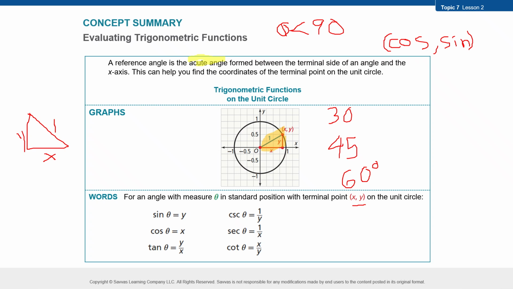Now, today you were introduced to the reciprocal trig functions, or inverse trig functions. These trig functions are cosecant, which with the coordinate pair x and y is 1 over y; secant, the inverse of cosine, which is 1 over x; and cotangent, the inverse of tangent, which is x over y.